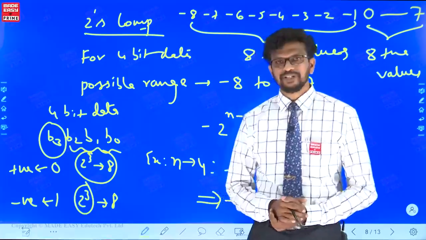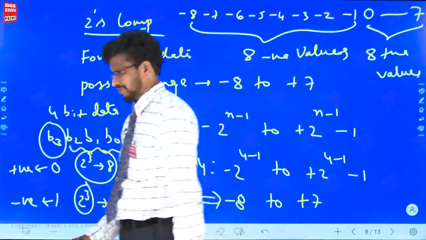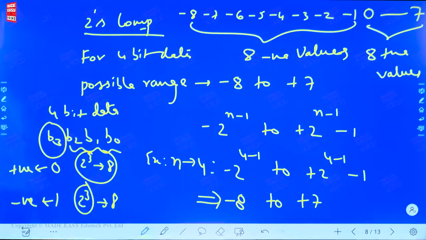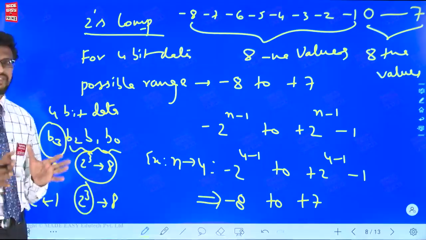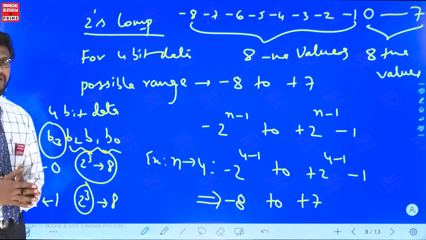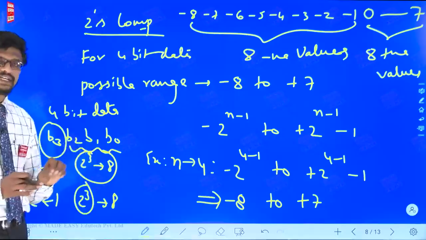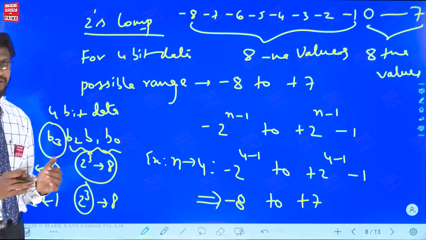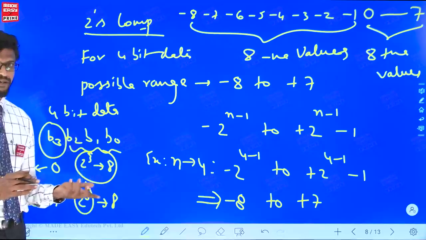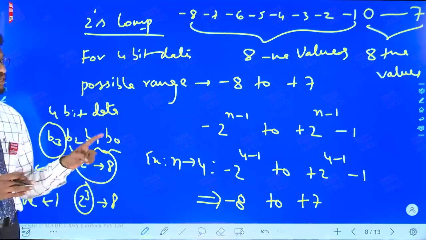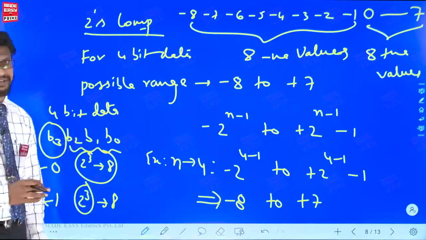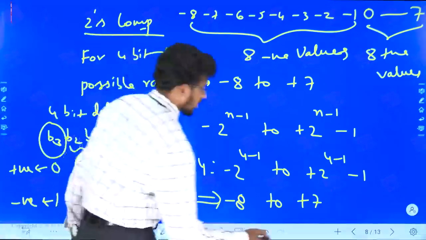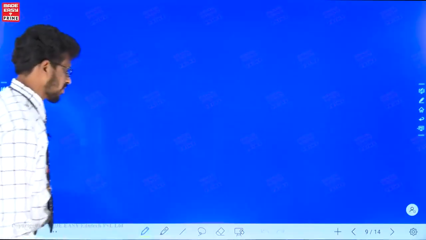That is why modern computers go for 2's complement representation, which doesn't give erroneous results. Subtraction using the 1's complement method, or sometimes addition also, will give you errors, but in 2's complement it is not produced. You can take some examples and check it further. Okay, so let us now discuss the subtraction operation.